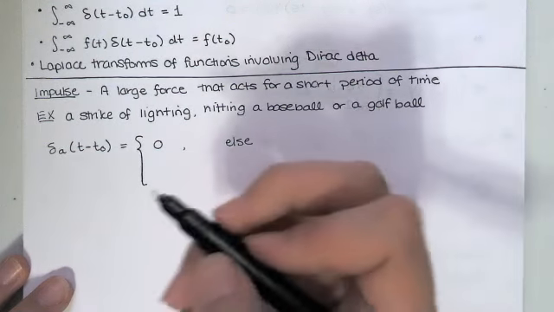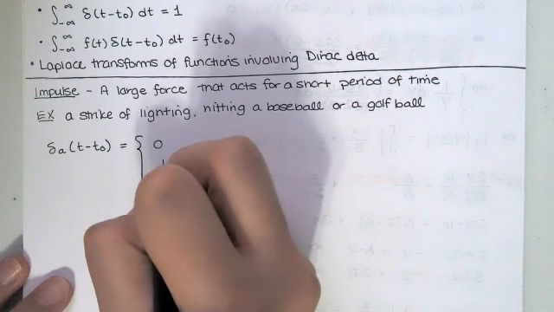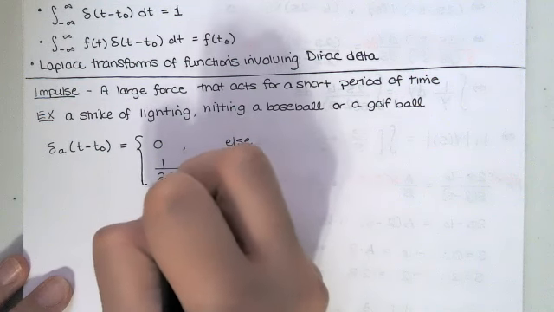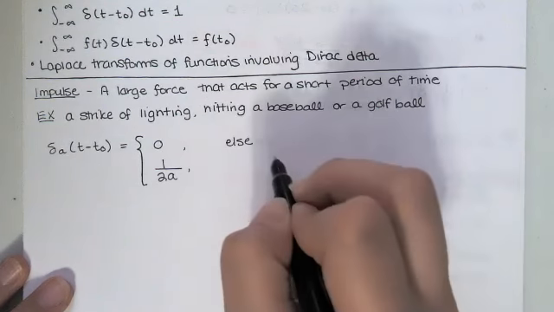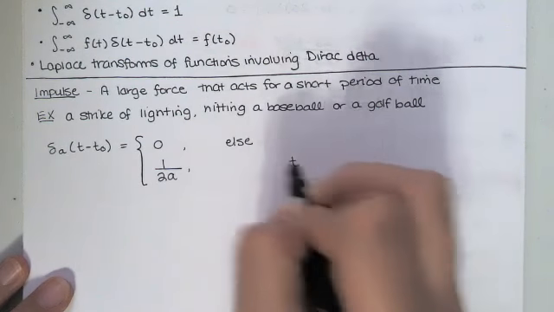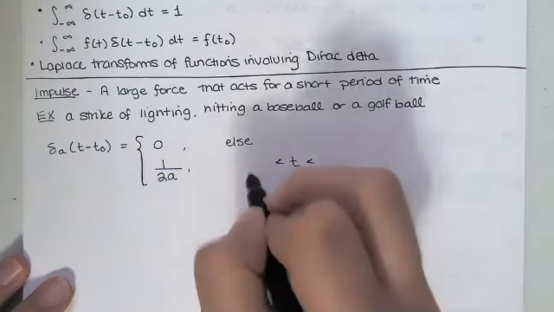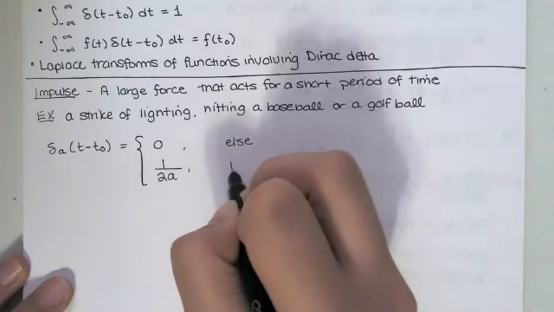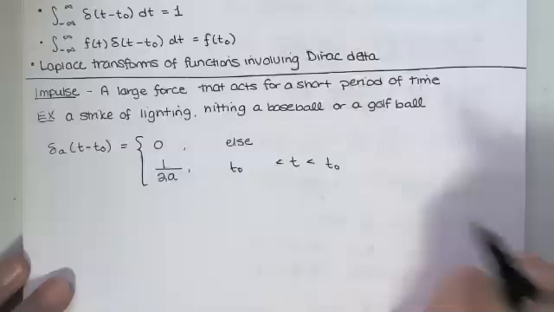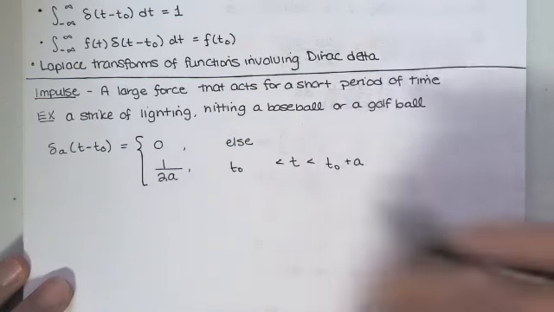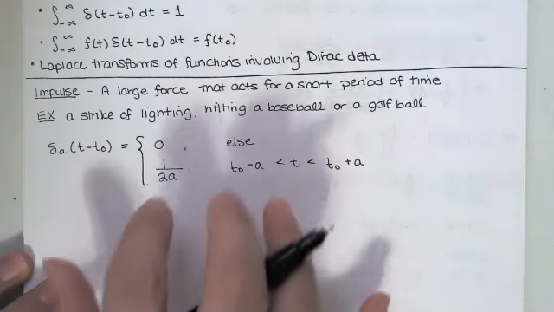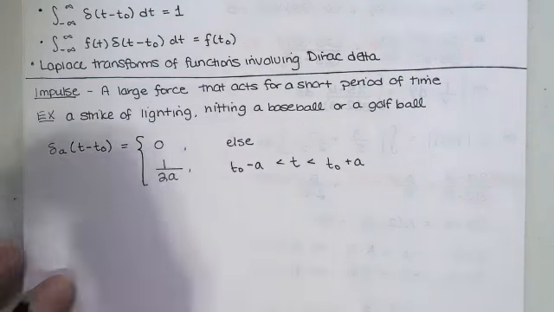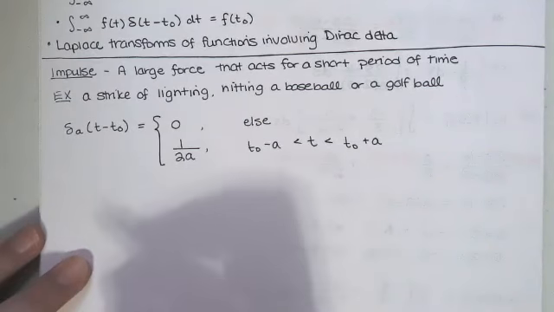And then inside of a particular interval, it's going to be 1 over 2 times A. So we're going to make that 1 over 2 times A for all t values on an interval that's centered at t naught, but then we're going to add A to t naught and subtract A from t naught. If A is small, this represents that large force acting for a short period of time.